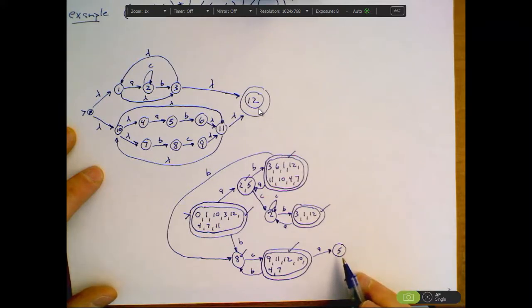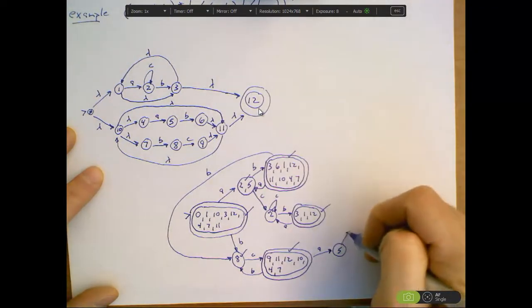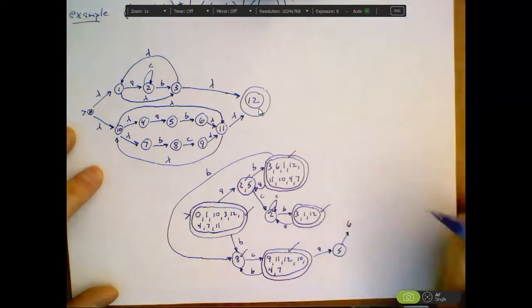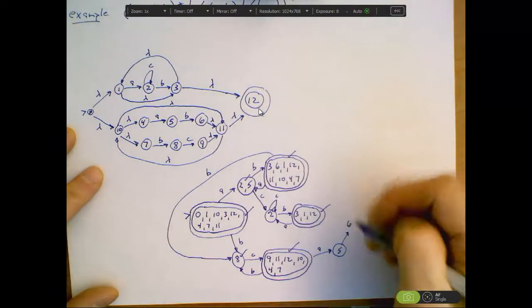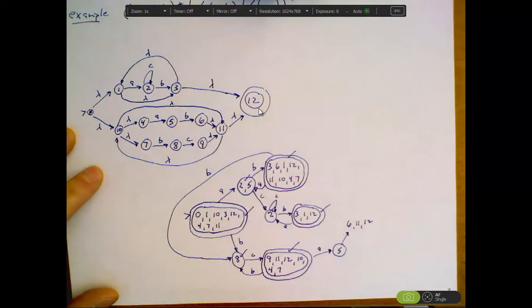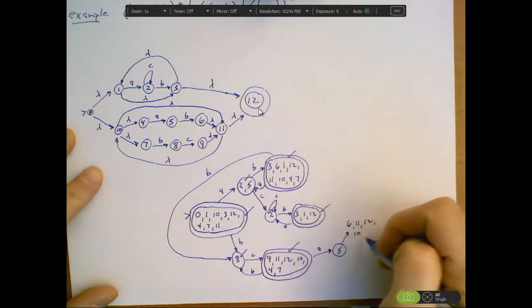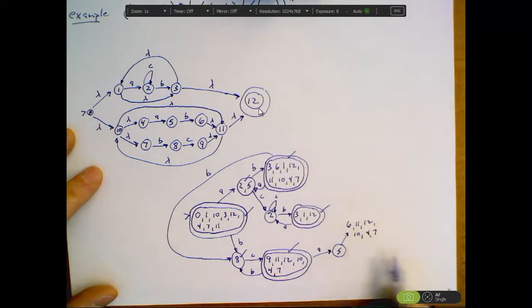So 5, again, it only has a B arc coming out of it, which goes to 6. Lambda closure on 6 is going to be 11 and 12. From 11 we can get to 10. From 10 we can get to 4 and 7. Again, I've got to look and see if I've seen that before, but I think that is a new state.